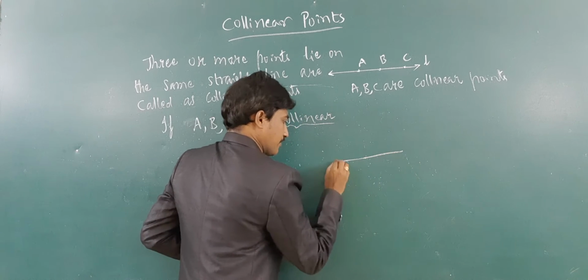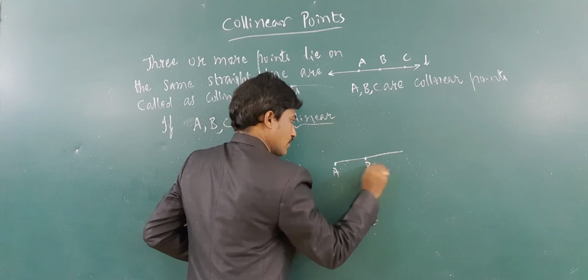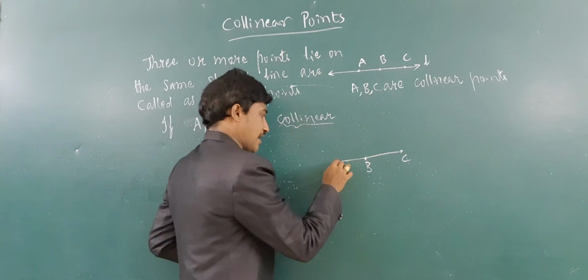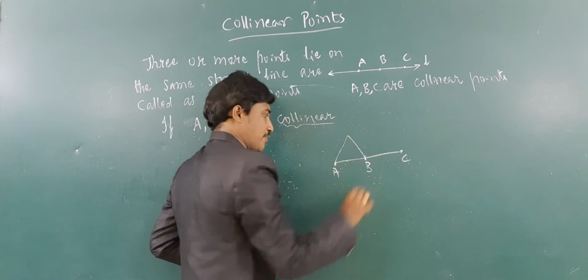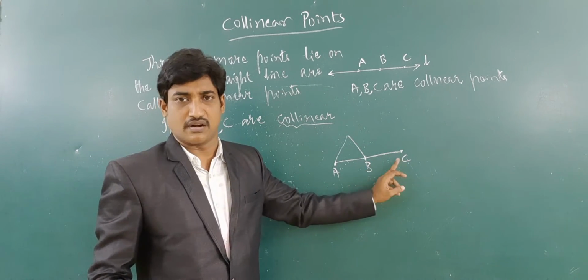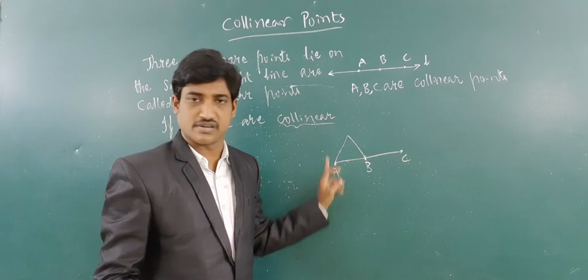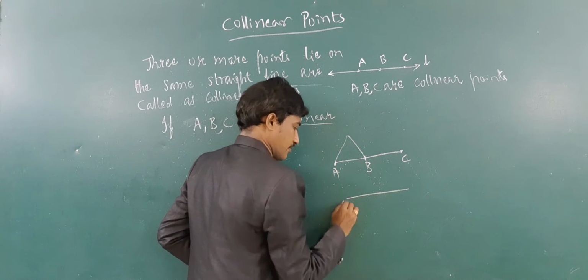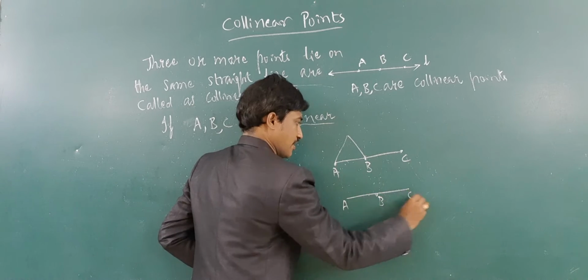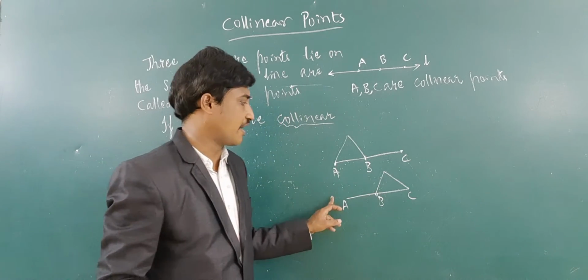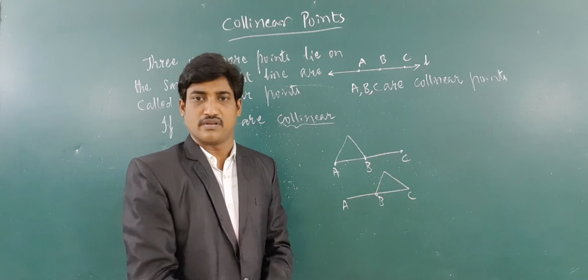A, B, C are collinear, so if I draw a triangle with A and B as vertices, C is not a vertex of this triangle. If I draw a triangle using B and C as vertices, A is not a vertex of this triangle.